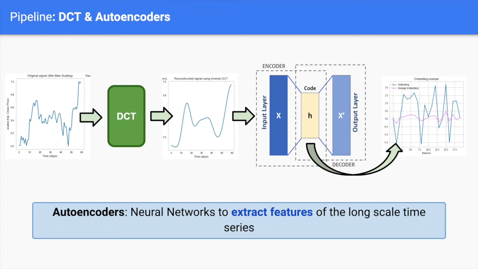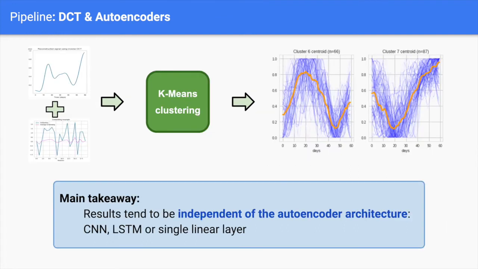And if we go to the next slide, we combine the extracted features with the information from the shorter term to perform clustering. On the right, you can see two examples of clusters, which are quite harmonic. Nonetheless, the main takeaway here is that even if you try complex or deeper architectures with CNN or LSTM, it will give you the same result as a single layer. That's all for this pipeline, and we will talk now about multiscale evaluation.